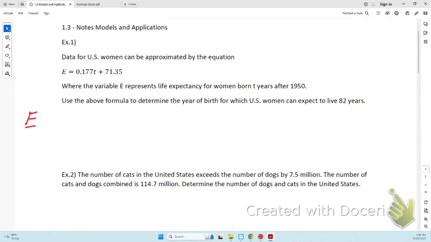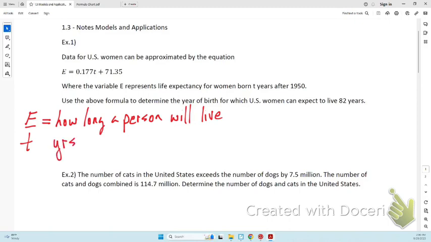So E is how long a person will live. And T is years, let's say number of years since 1950 that a person was born.